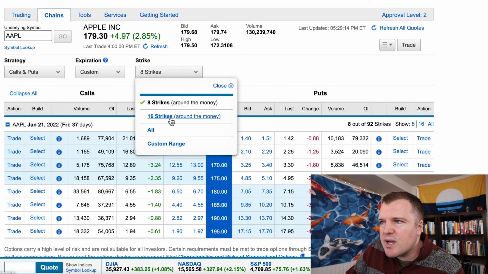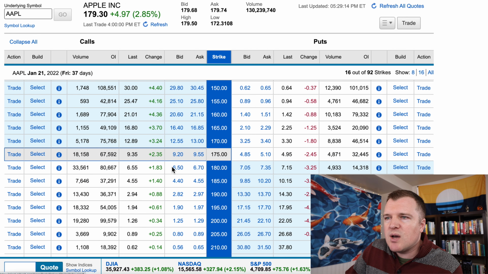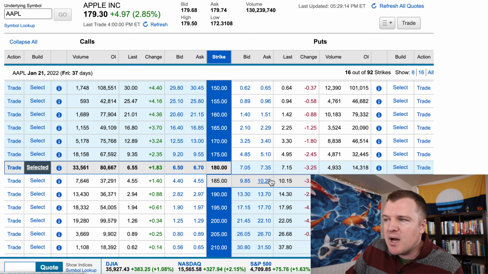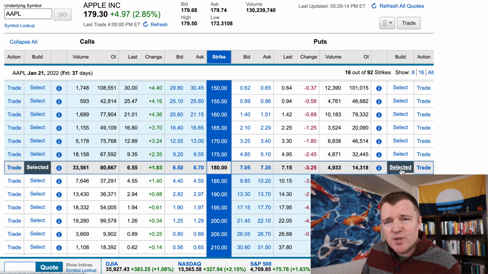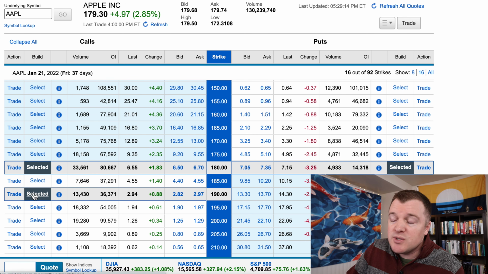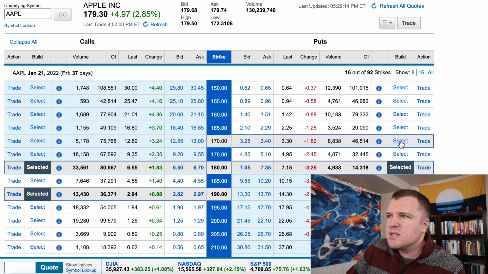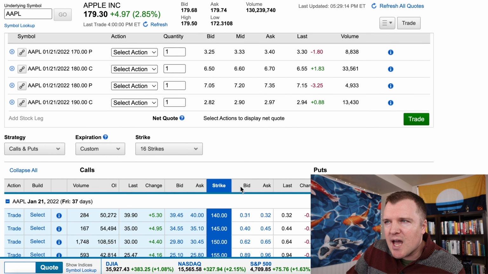Let's add some strikes here so we can see more information. Once again, the share price is at 179, so at the money is 180. These are the calls and the puts that we're going to be buying. And I'm going to choose a width of $10. You can choose whatever width you want. I just like going with $10. Let's scroll back to the top and we'll build this.